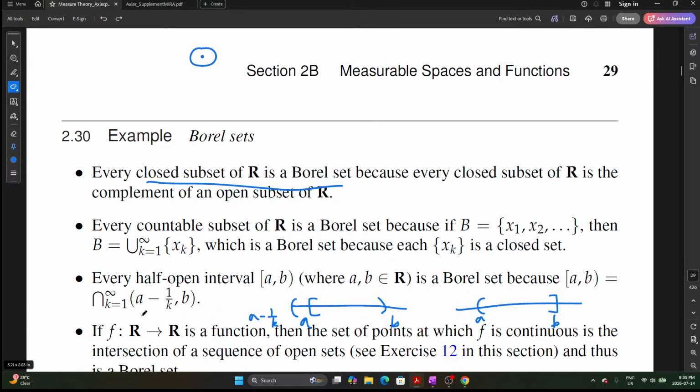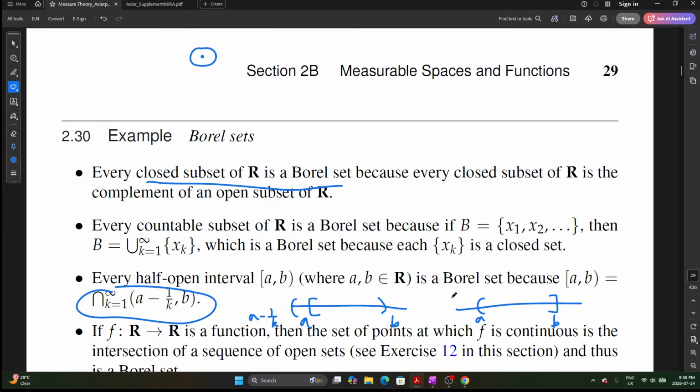Right. So the argument is every open interval (A minus 1 over K, B) is a Borel set. Their countable intersection is also a Borel set, and this intersection is [A, B). Left closed, right open. Okay.